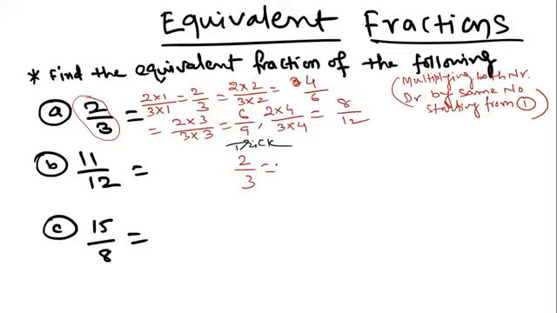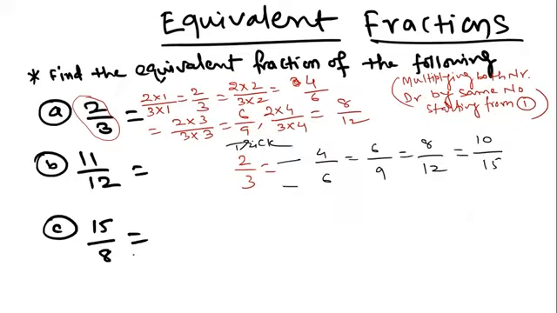Just write here the table of 2 and here the table of 3. How we can write it? 2 2s are 4, 3 2s are 6, 2 3s are 6, 3 3s are 9, 2 4s are 8, 3 4s are 12, 2 5s are 10, 3 5s are 15.